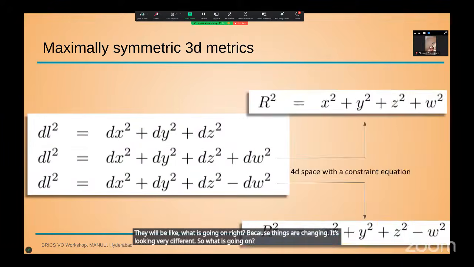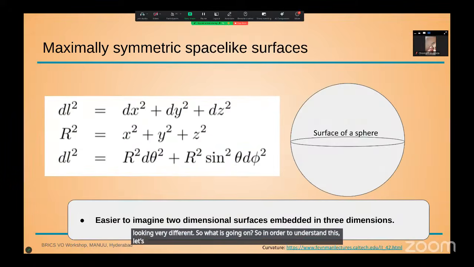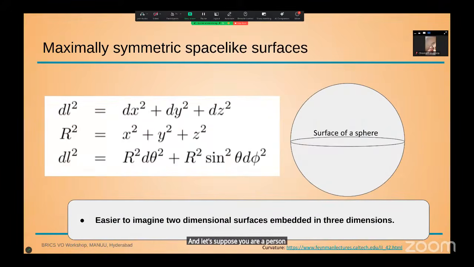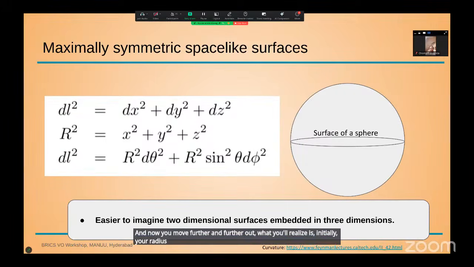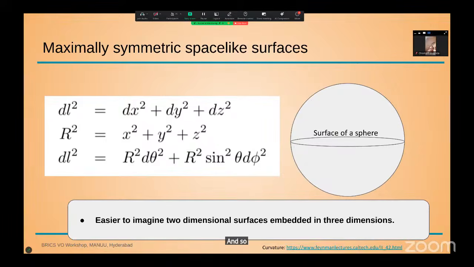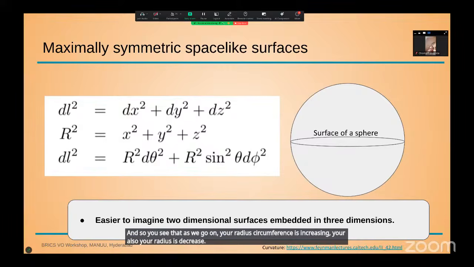In order to understand this, let's go back to our sphere. Suppose you are a person sitting at the pole here, and now you move further and further out. Initially your radius is basically the distance from the top of the sphere to wherever you are going. As you go on, your radius and circumference are increasing. That's fine.